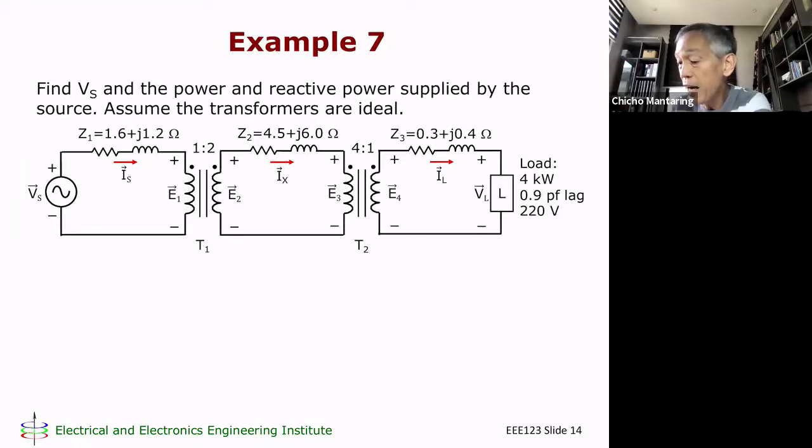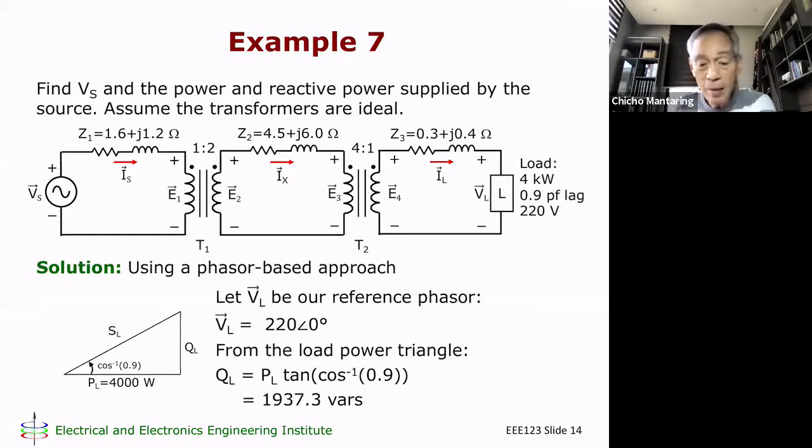Okay, so the problem is find V sub S and the power and reactive power supplied by V sub S. We assume that V sub S is adjusted so that you get 220 volts across your load. This time your 2 transformers are not identical. The turns ratio of this is 1:2, and the turns ratio of this is 4:1. T1 is a step up, and T2 is a step down.